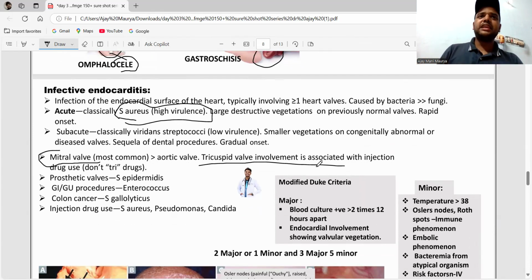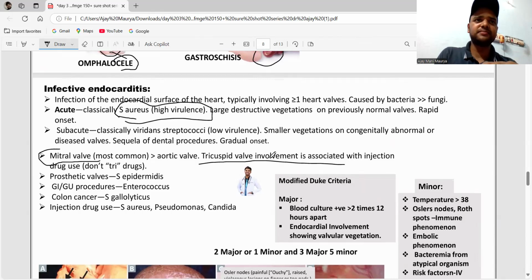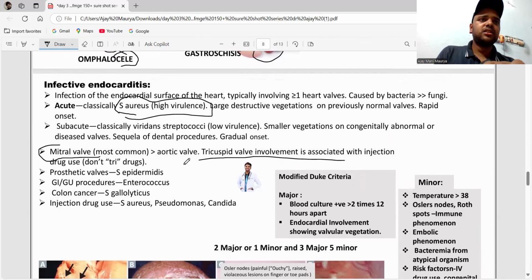Remember here, suppose, guys, in microbiology they will give this one. A patient got endocarditis, and the infection is on a prosthetic valve.